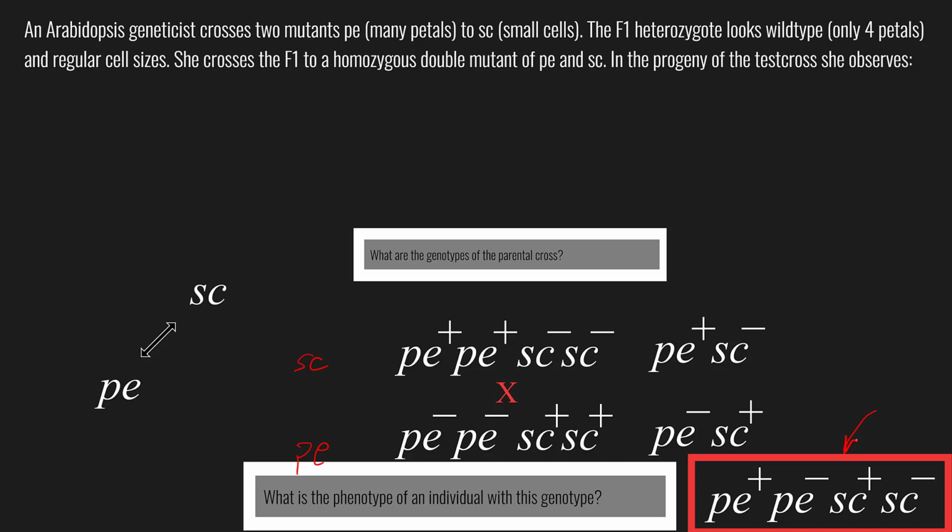An interesting question is how many different gametes will this hybrid individual produce? So now we play again with the probabilities. One gamete can be PE plus, the other one PE minus, and then we check the probability that this one goes with the respective SC plus or SC minus. All of these scenarios are possible.